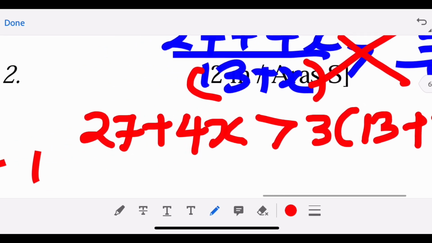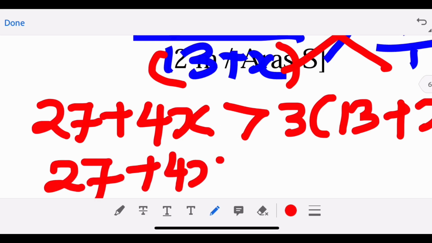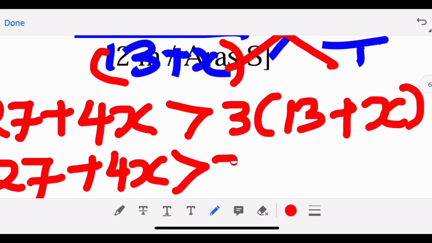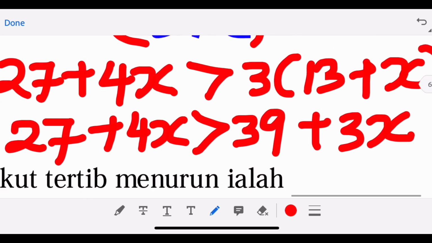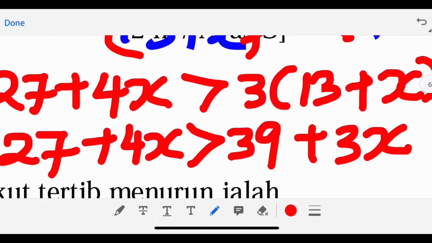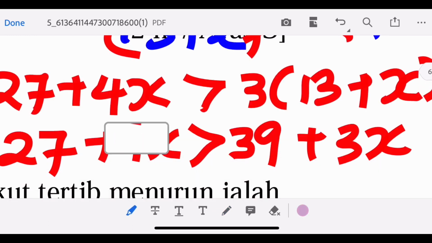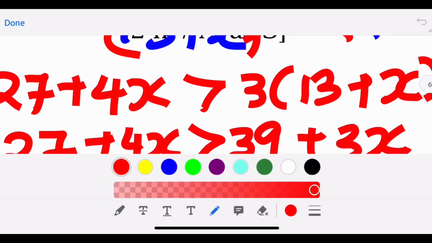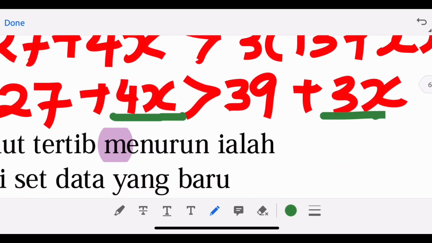Then expand carefully. You have 27 plus 4x more than 39 plus 3x, since 3 times 13 is 39. So you bring the 3x to the left, so it becomes minus. The like terms, 4x minus 3x, you get x, and then more than 39 minus 27.